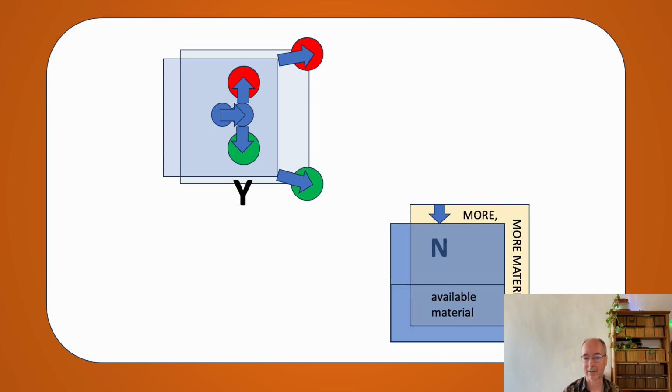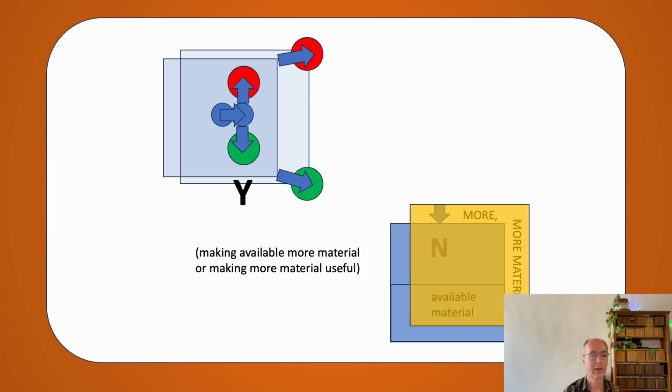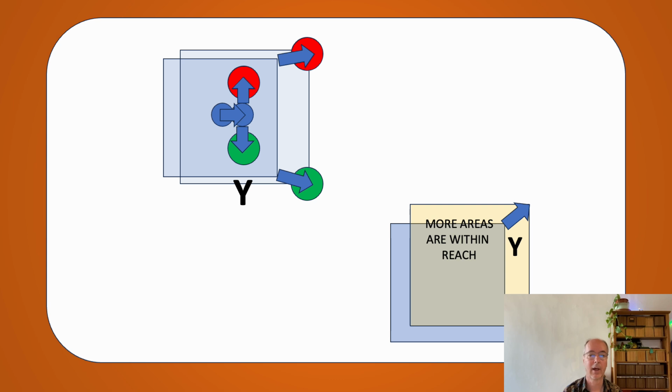The N adds more material, so more material will be available, and when there's more material available, it will of course also be more useful material. And of course also the area of reach of what I can understand or what I can keep in balance. I don't understand it yet because it's not within my own first starting point.